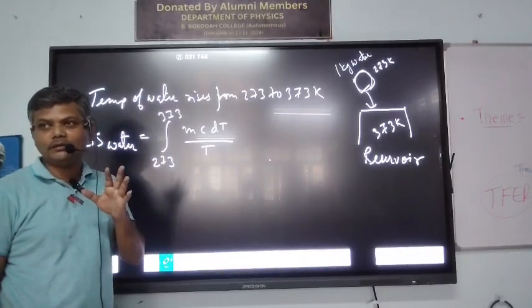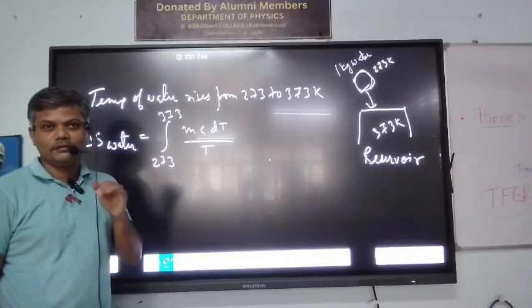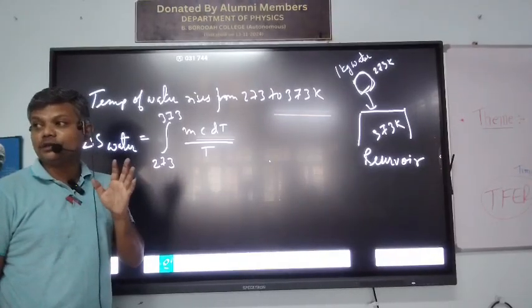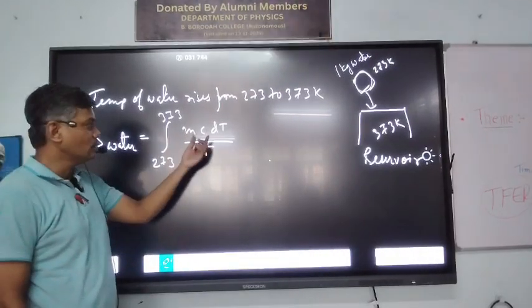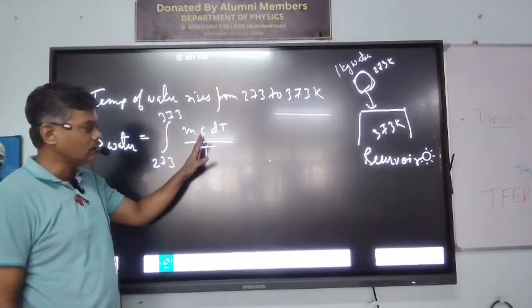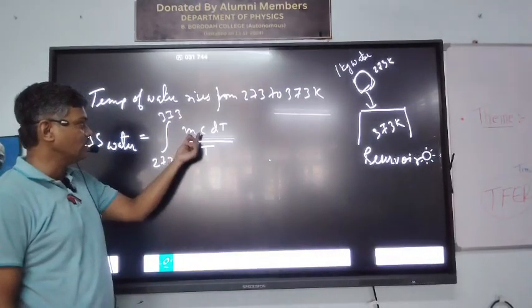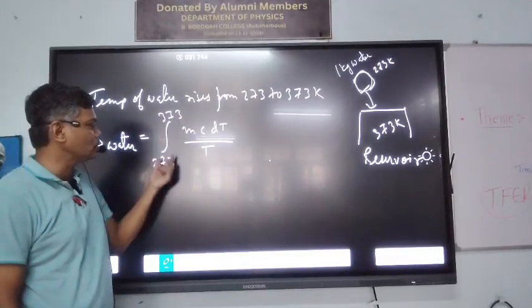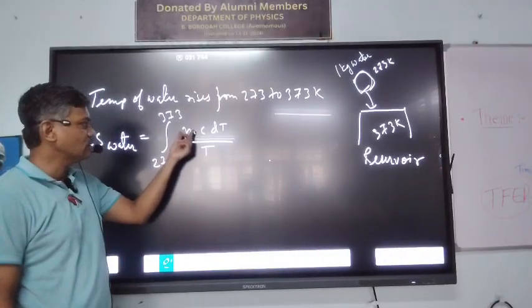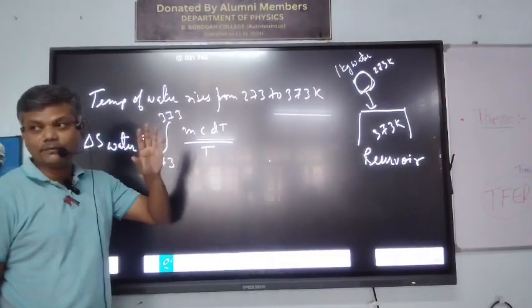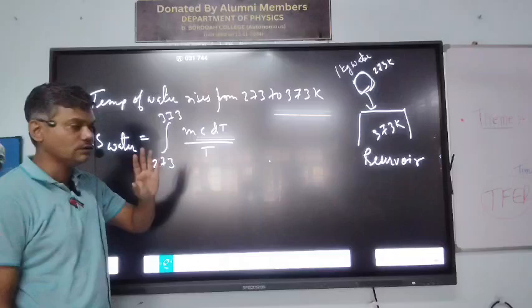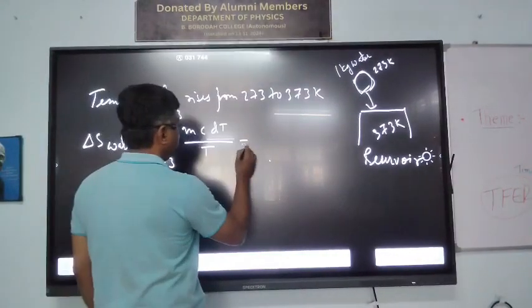What will it be in SI unit? 4200. Okay, 4200. So you can write SI unit or CGS, it's up to you. If you want to write in CGS, then everything has to be made in CGS. Otherwise, you have to write this c in SI unit, 4200.